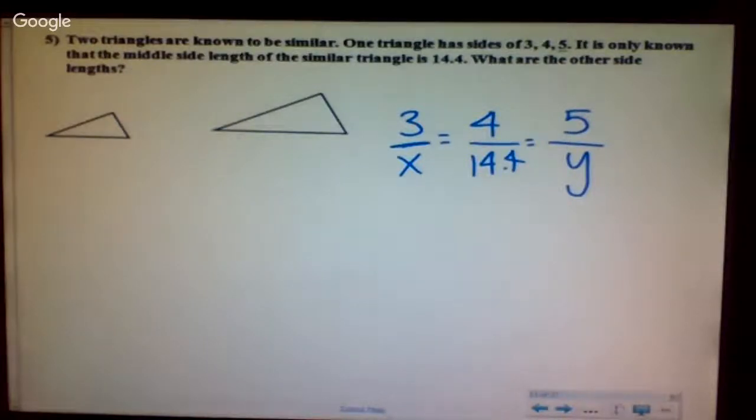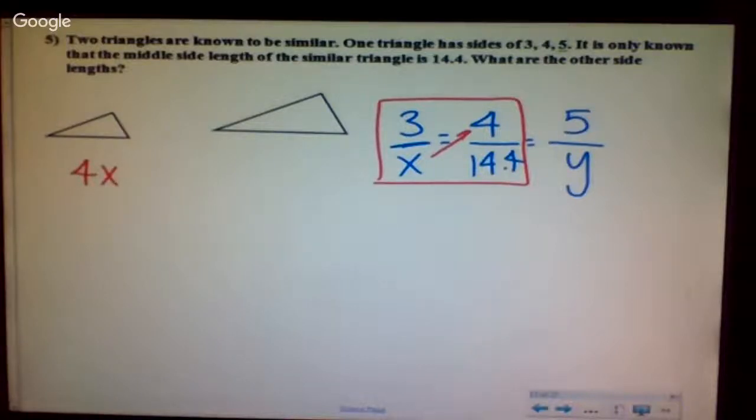So we're going to break this apart and create two different proportions, one that's going to solve for x and one that's going to solve for y. The proportion that's going to solve for x is the one with the numbers and the one with the x. So we cross multiply. X times 4 is 4x, and 3 times 14.4 is what? 43.2.